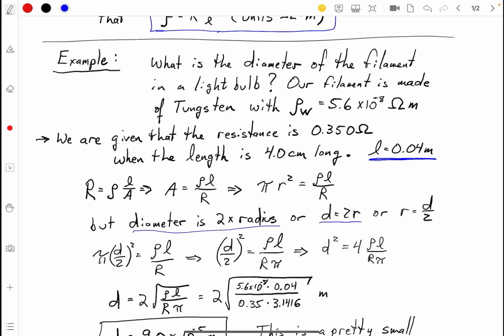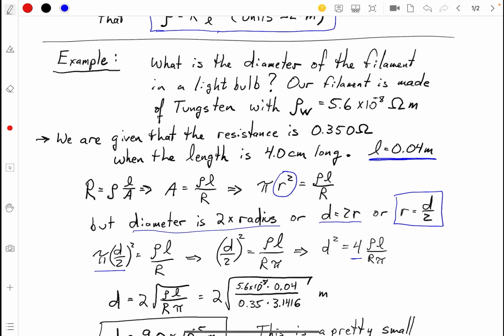So what are we going to do? We want to put it in terms of R so that we can substitute into this R squared, this D over 2. And that's what we're going to do. So we did that. And we're going to solve. We want to solve for D. So 2 squared is 4.